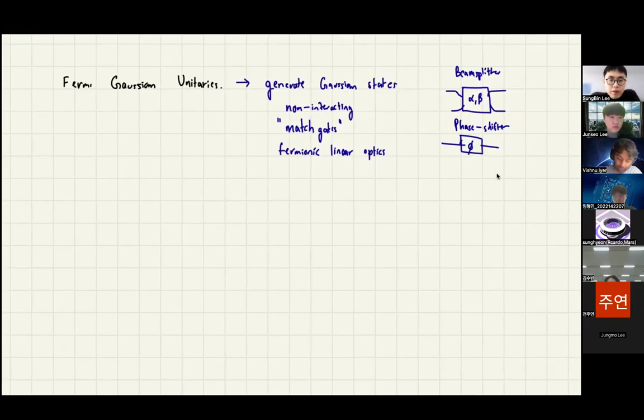Okay, so fermionic Gaussian unitaries, what are they mathematically? So formally, I'll abbreviate these FGU for short, fermionic Gaussian unitaries.